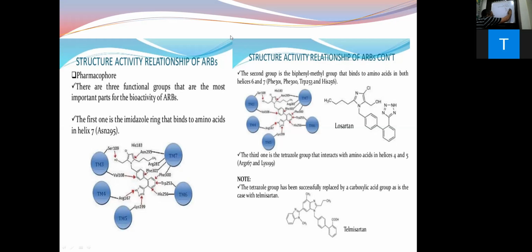The first thing that you see is your tetrazole is replaced by a carboxylic acid, and your imidazole is replaced by a benzimidazole moiety, which contains another N-methylated benzimidazole.